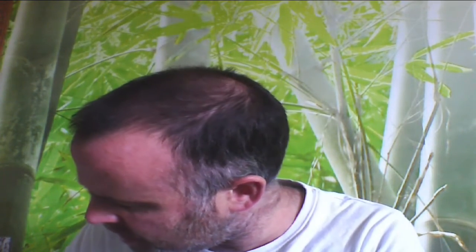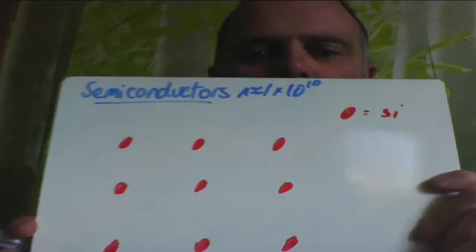So in order to understand this, what we need to think about is the fact that the silicon atoms, which I'll put here in red, are bound together in a lattice. Okay, now there's not a lot of electrons free in this lattice.